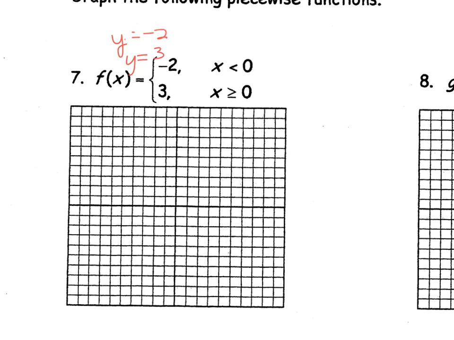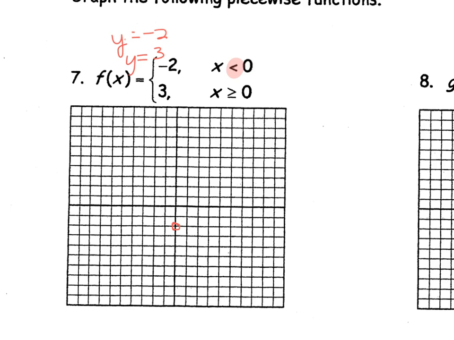So those are 2 horizontal lines. Y equals means horizontal. So when x is less than 0, you're going to use an open dot. It'll be an open dot at negative 2.